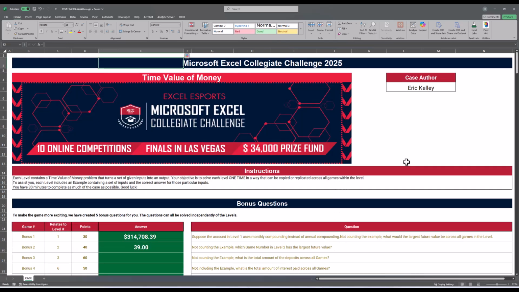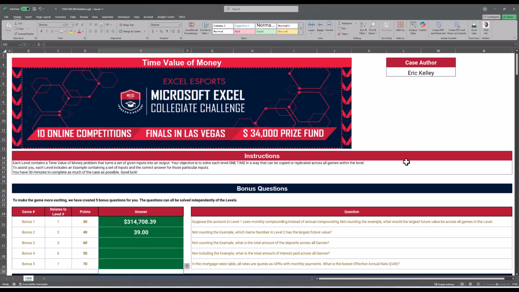Good. Okay, not counting the example, what's the total amount of deposits across all games? We'll just say that was in level 3.